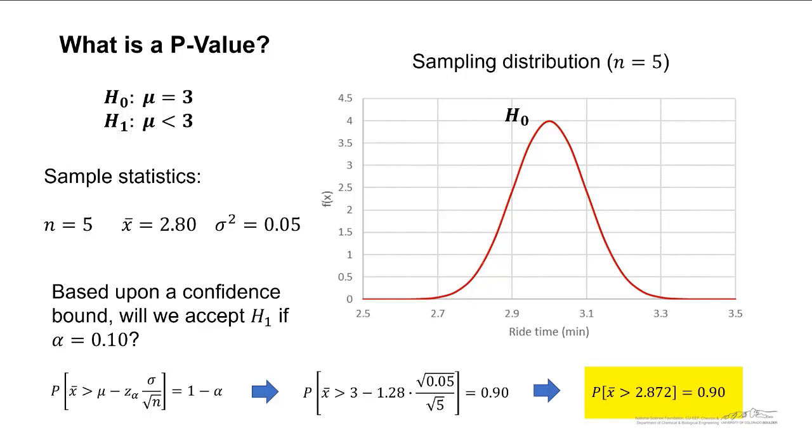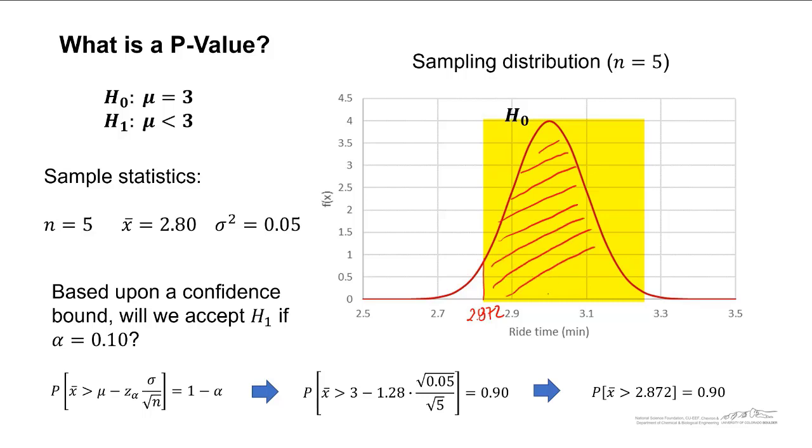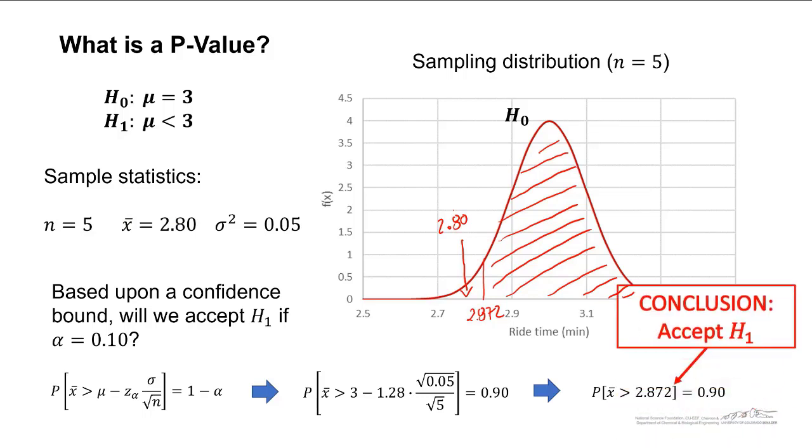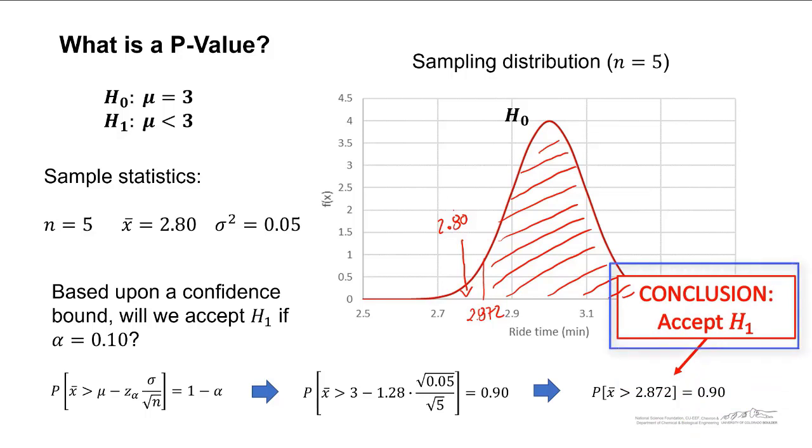That means we're 90% confident that a sample average will be 2.872 or above, as shown in the shaded region. We're getting a sample average of 2.80. 2.80 is not in that 90% confidence bound. 2.80 lies somewhere down in here. And therefore, our conclusion is that that would be rare if alpha equals 0.10.